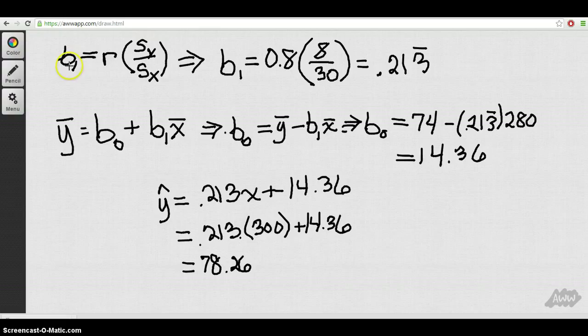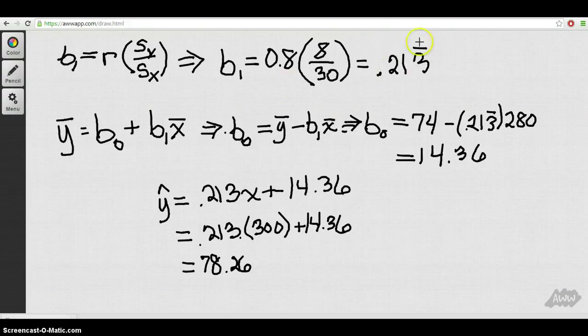So we're taking B1 equals the correlation coefficient times the standard deviation of Y, which is our final exam standard deviation, divided by the standard deviation of X, which is our pre-final. When you plug those points in, 0.8 for R, 8 for the standard deviation of Y, and so on, you get 0.21333 repeating, which, in case you're wondering what that symbol means, means the 3 repeats.